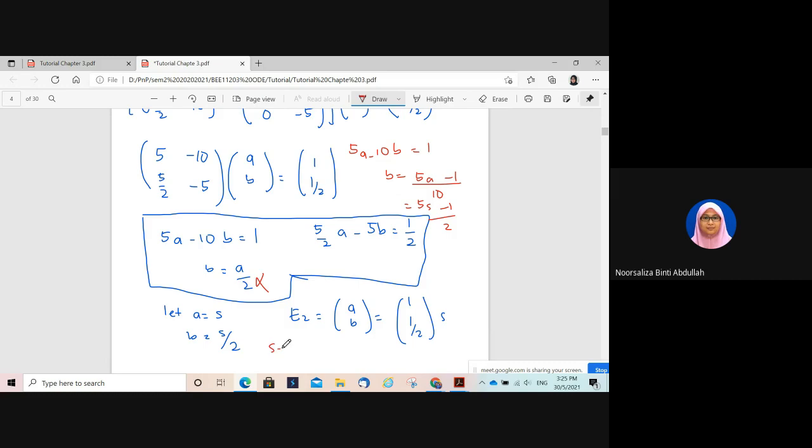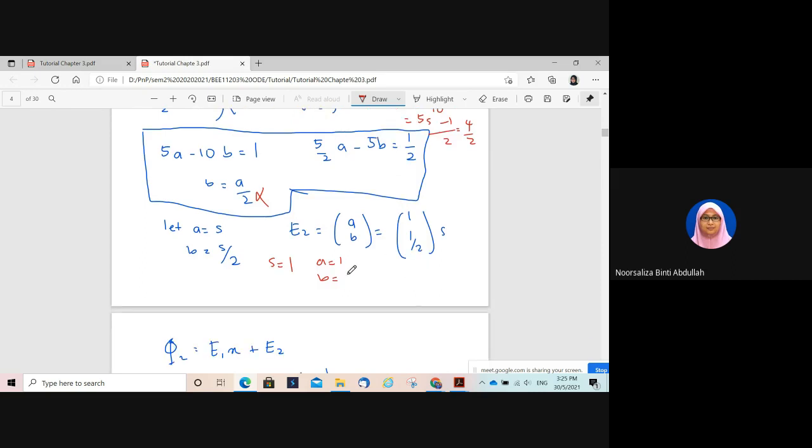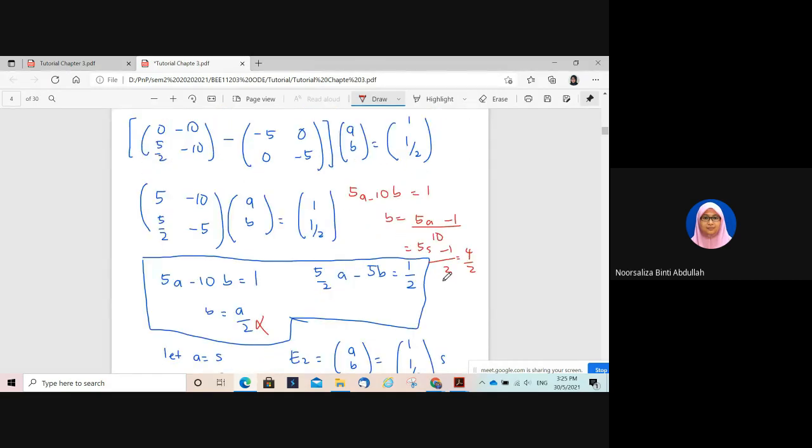If S equals to 1, then A equals to 1 and B equals to, replacing S with 1, 5 minus 1, 4 over 10.